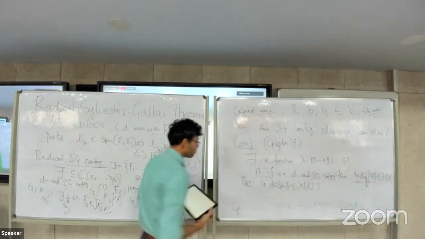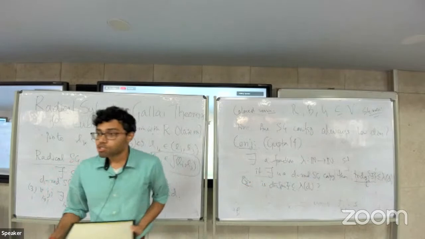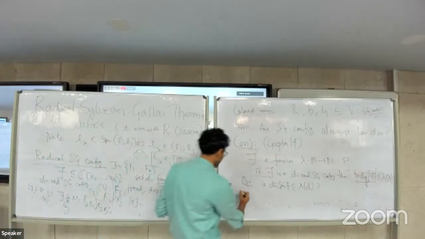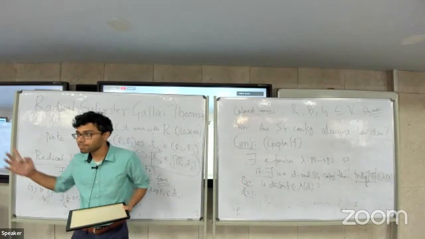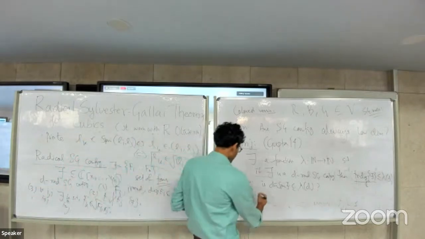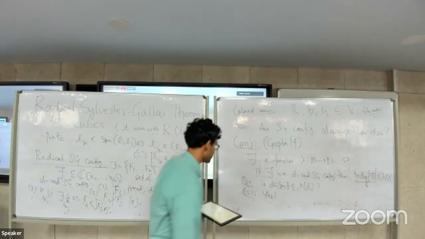All right. Okay. Similarly, we can ask: is the vector space dimension also bounded? So far the answers are yes in some cases. D equal to 1 is the classical thing we talked about, right? The Sylvester-Gallai theorem, many proofs. So yes, the dimension of the span is bounded.